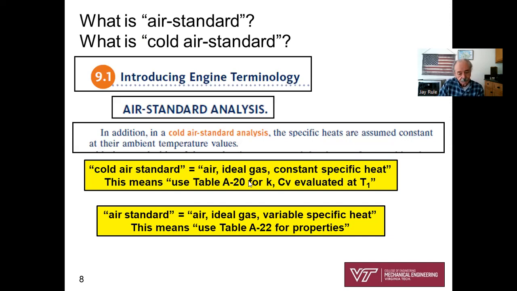So that means go to table A20 and select a single value for c sub v and k. Remember, k is c sub p over c sub v. And select that at around T1, around ambient conditions. So that's just an important little jargon for your homework problem solutions. When it doesn't say cold air standard, that means air standard, that means variable specific heat, and that means use table A22.